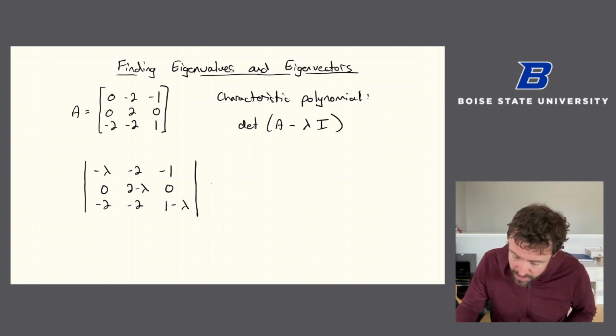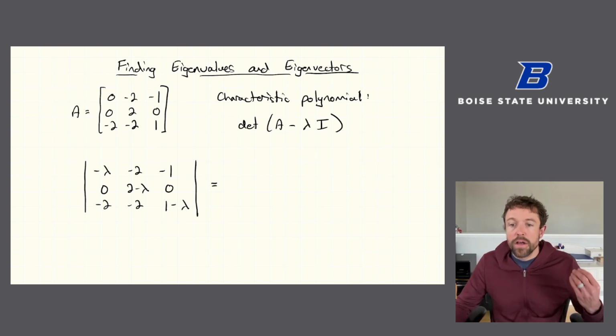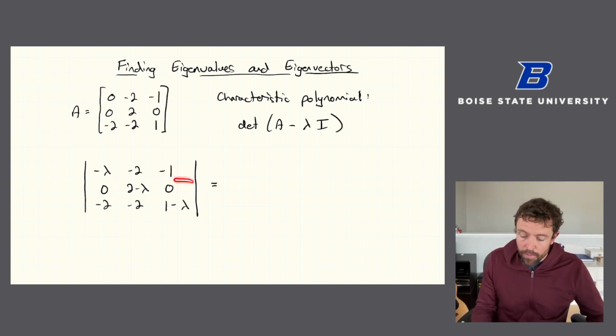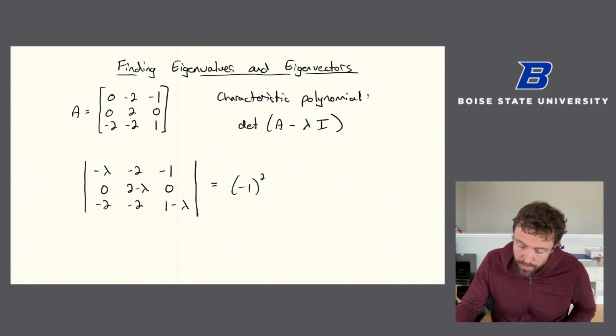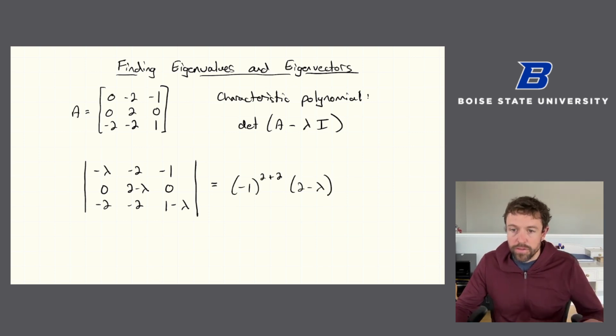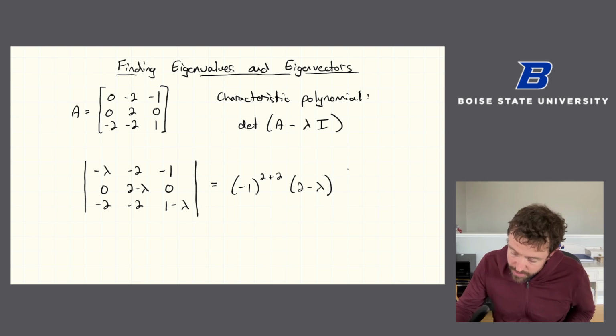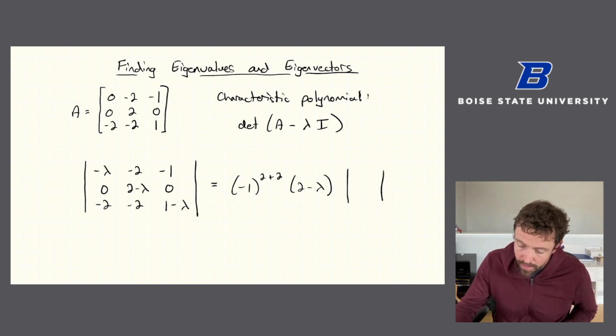All right, so this determinant is not too bad. We cofactor expand along row 2, and what we end up getting is that only the second term is non-zero. So this is the 2 entry, so (-1) to the 2 plus 2, times the entry 2 minus lambda, times the determinant of what's left when we cross this out.